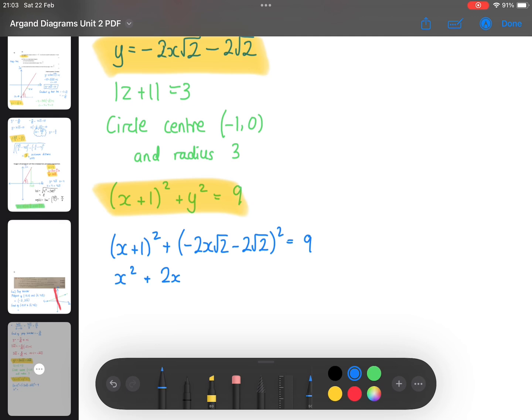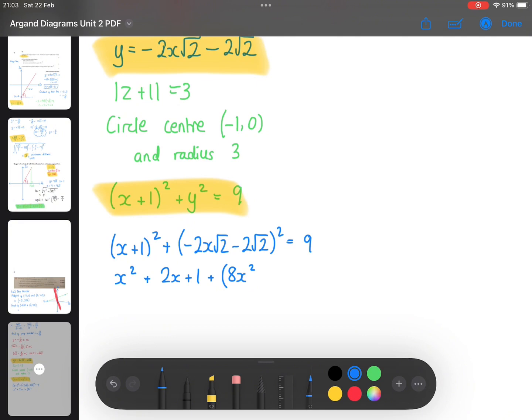So just expand out the brackets, x squared plus 2x plus 1, and then this bit here, just going to be really careful. So 2 root 2 squared is 8. So this is going to be 8x squared, and the minus signs, minus times a minus will give a plus. And then we have 2x root 2 multiplied by 2 root 2.